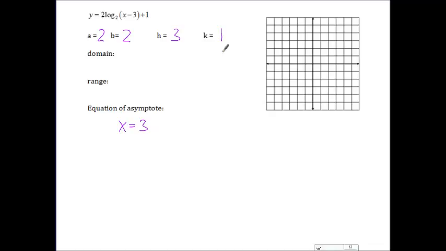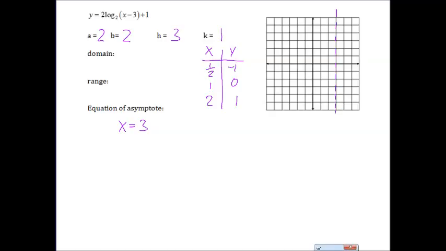Table of values: x has to be 1 divided by the base, so 1/2, 1, and the base itself, while y is -1, 0, and 1. Our vertical asymptote is at positive 3.